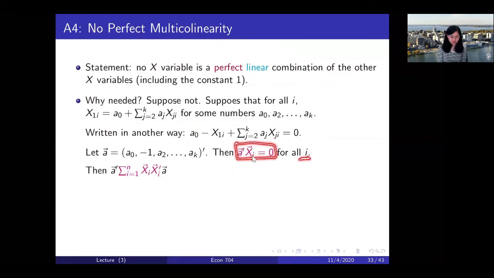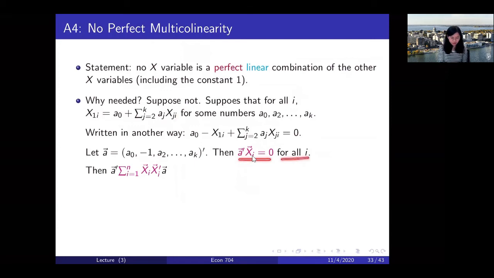This is because x1 is a linear combination of the other x's for all i, for all realizations of the x variables.